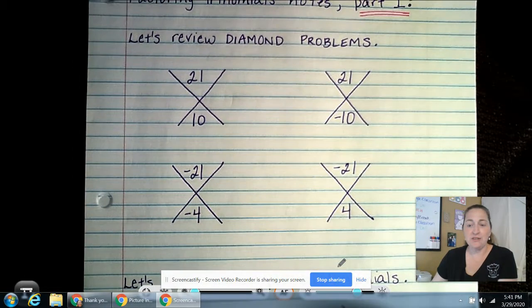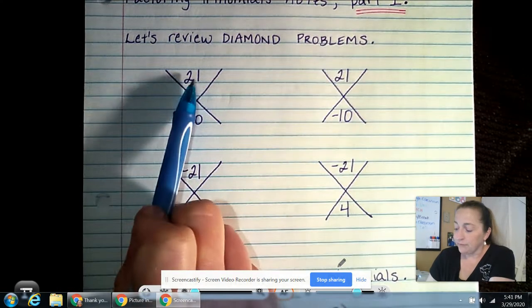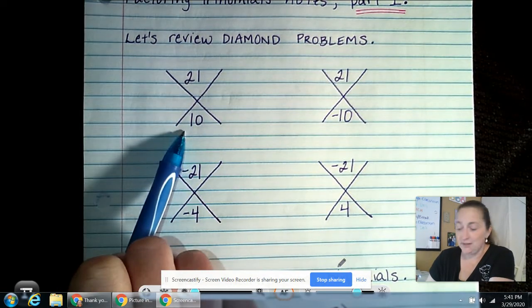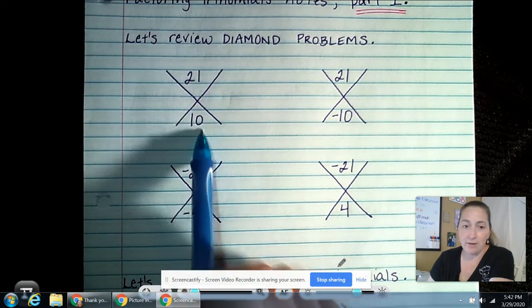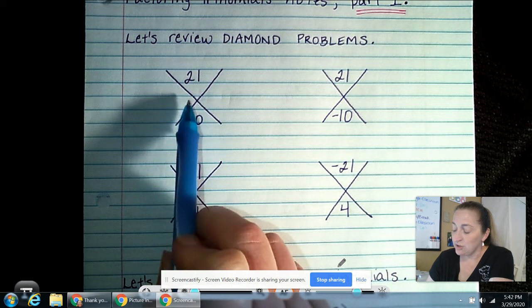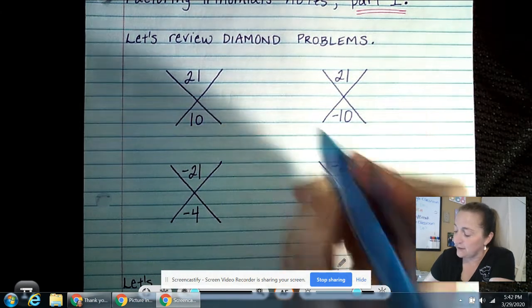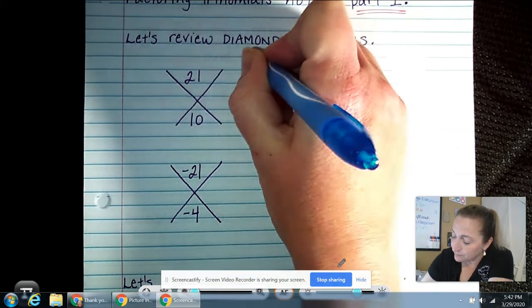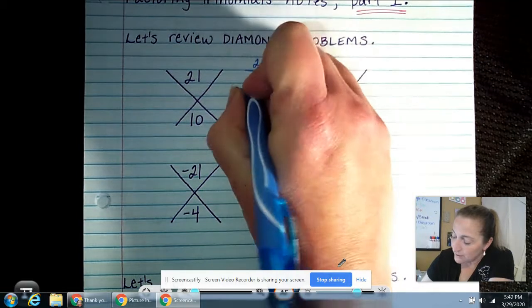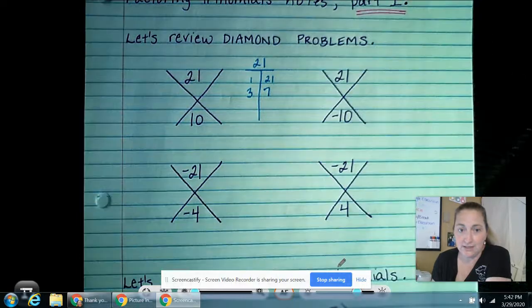Okay, so I want to look at these 4 different diamond problems. The first one, I have a 21 on top and a 10 on the bottom. I know that the top is my product and the bottom is my sum. So I need 2 numbers who multiply together to give me 21, but add up to give me 10. Okay, so if I look at all my factors of 21, I've got 1 times 21 and 3 times 7, and that's it.